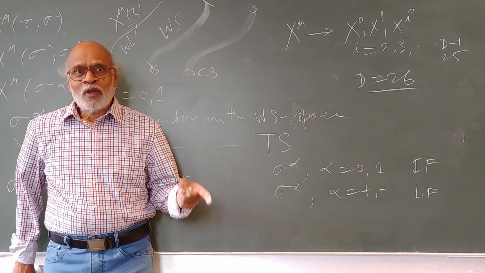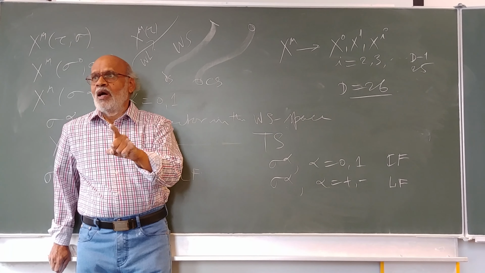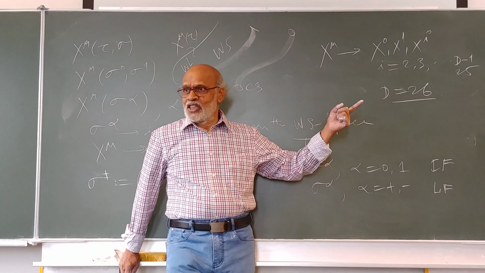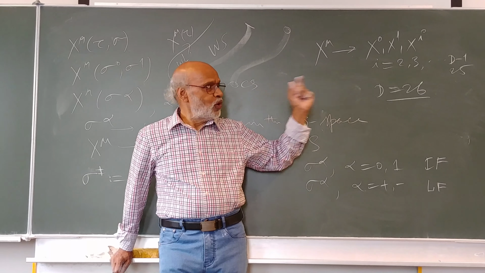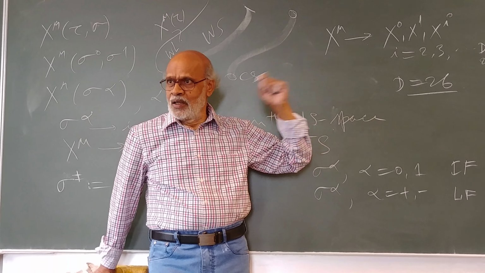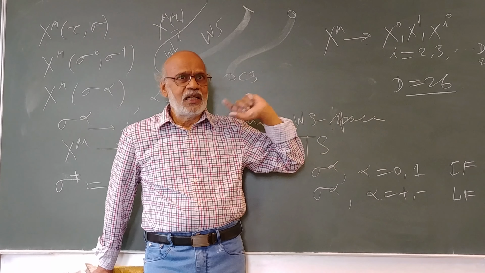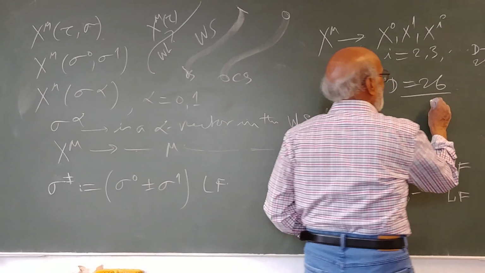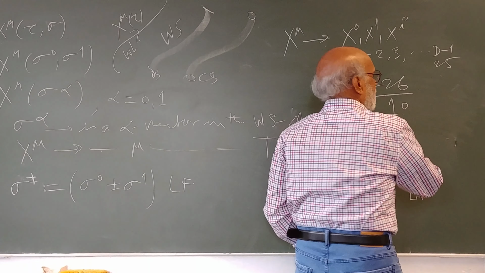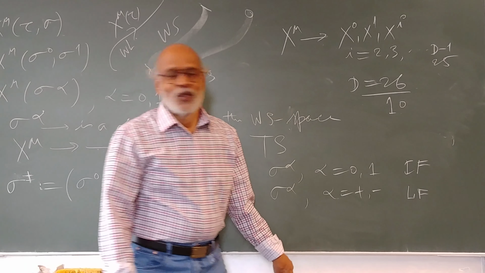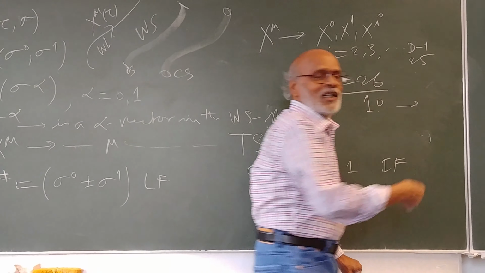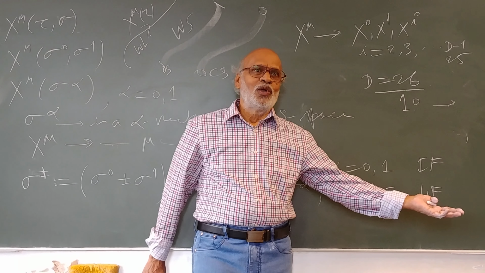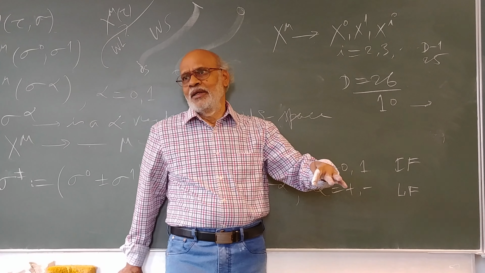And this time, by the same argument, by the same logic, by the same requirements, when we consider the mass spectrum of the overall theory, including the fermionic fields and the bosonic fields together, this d would then become 10 automatically. So otherwise you would not get consistent results. Okay. So the dimensions of the string theory would get reduced to 10.